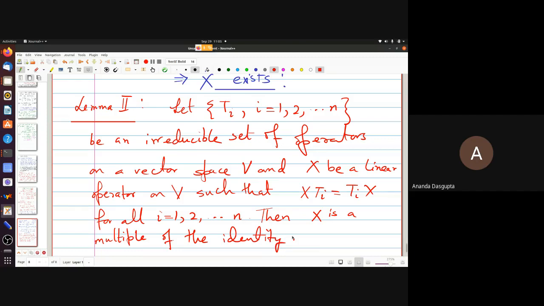So an operator which commutes with every operator in an irreducible set of operators has to be a multiple of the identity.